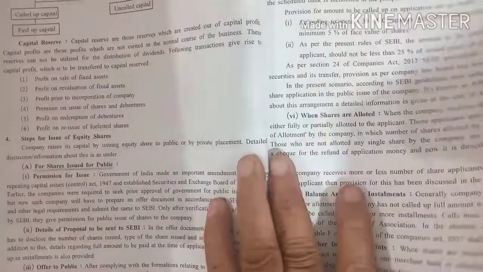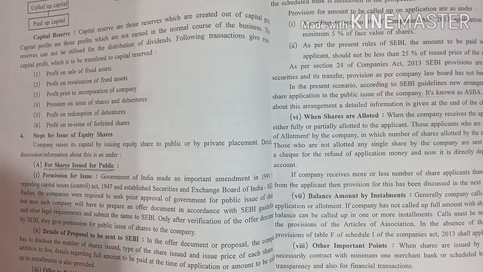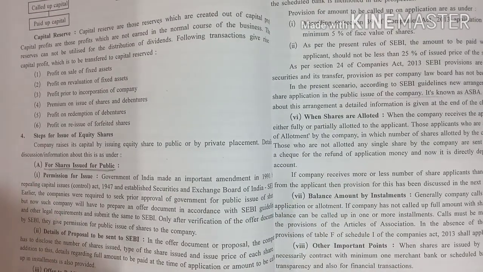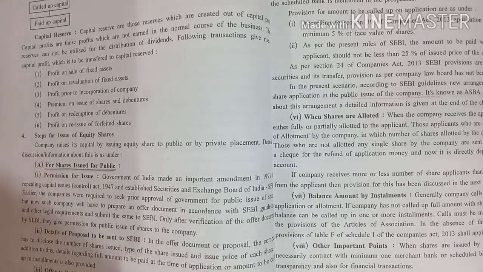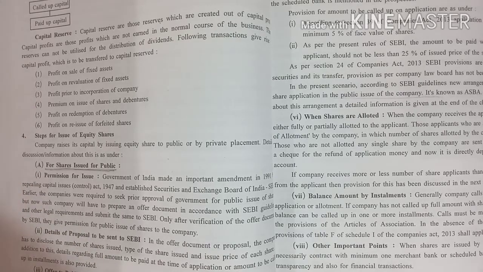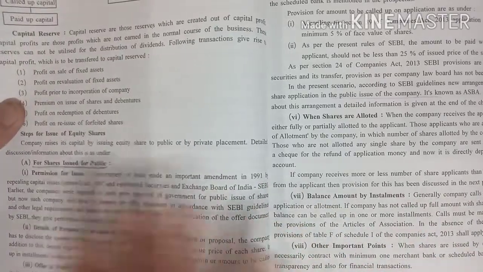Once again: if a company wants to collect money from the public, it has to get permission from the government. After getting permission, the company will issue the prospectus. By seeing the prospectus, the public will decide whether they will buy the share or not. If they want to buy, they will send the application to the company. This is the system for issuing shares to the public.